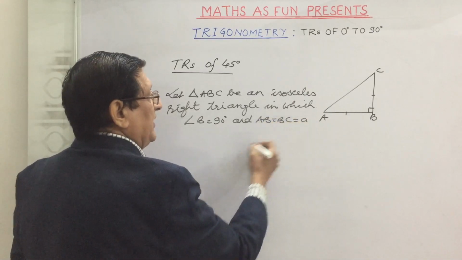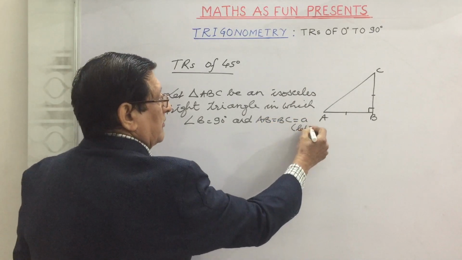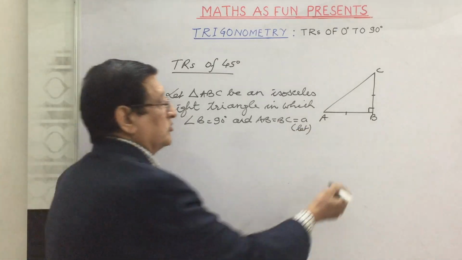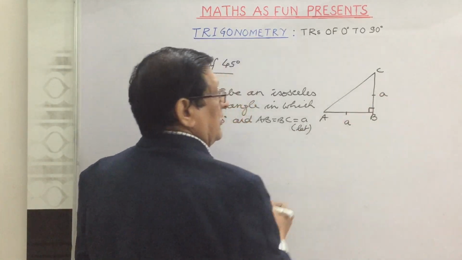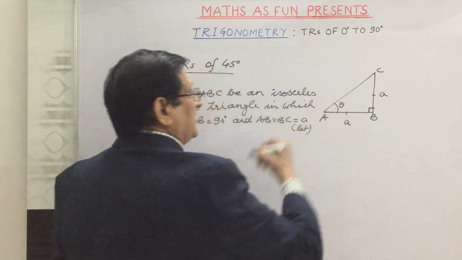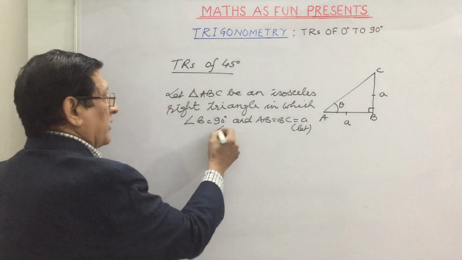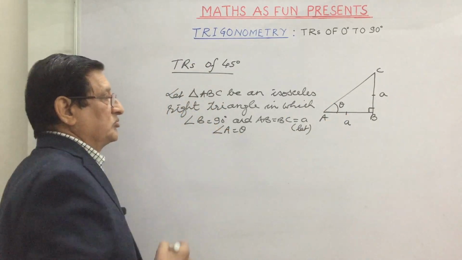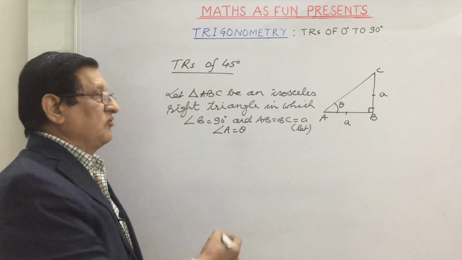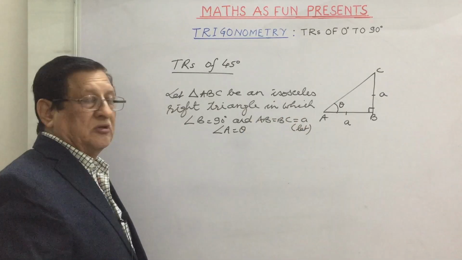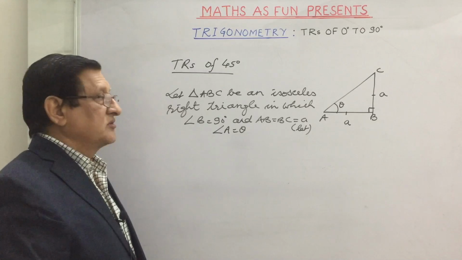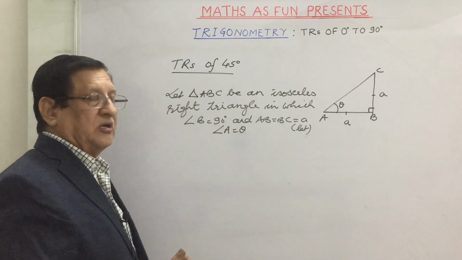Suppose each is A, we can take A. We know this is A, this is also A, and let angle A be theta. Angle A is equal to theta, suppose. Then we have to find out the trigonometrical ratios of this theta. What will be the value of theta?